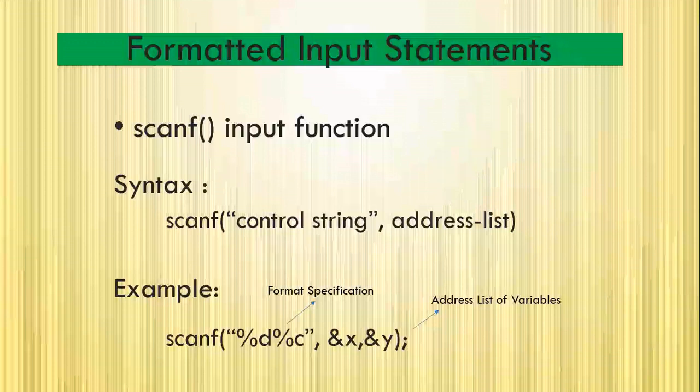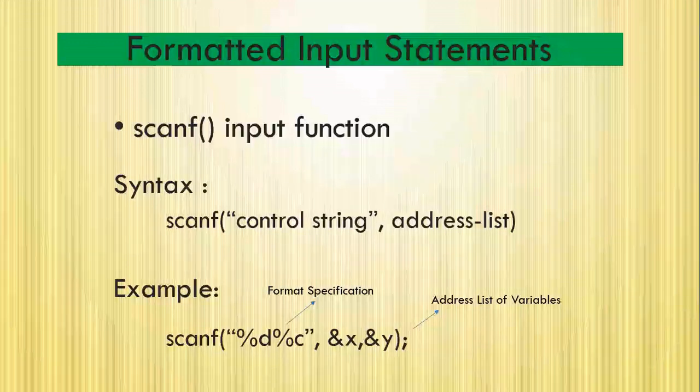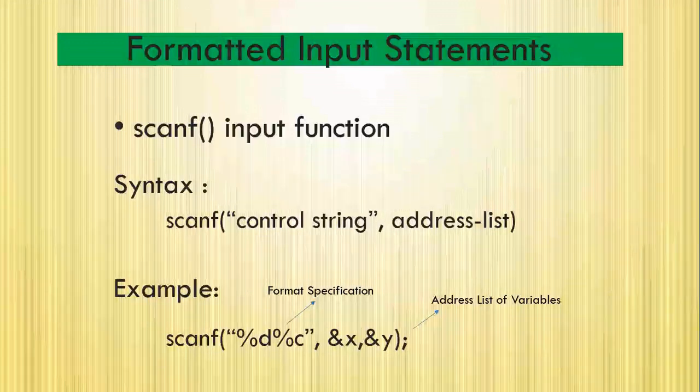In this example, you can see two format specifiers used, that is %d and %c. %d is used for an integer value and %c indicates a character value. Here the variables used are x and y, each preceded by an ampersand sign.